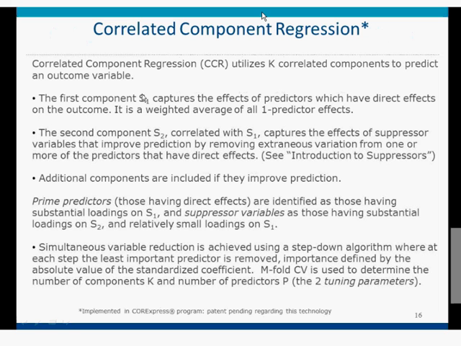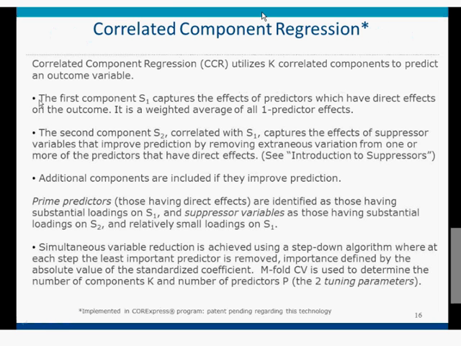Now, the question is what distinguishes CCR from other methods? It's how the components are computed, so how the loadings are computed. First I'm going to give you some general rules about how they're computed, and then I'll show you exactly how.